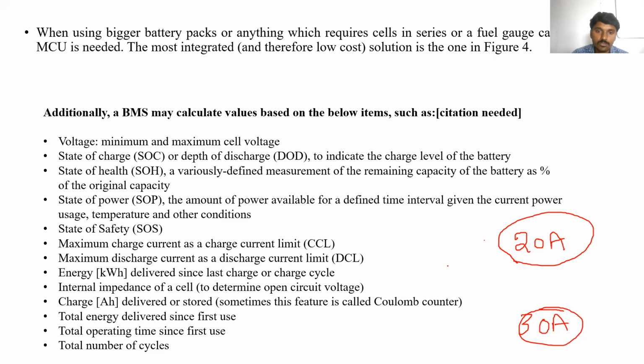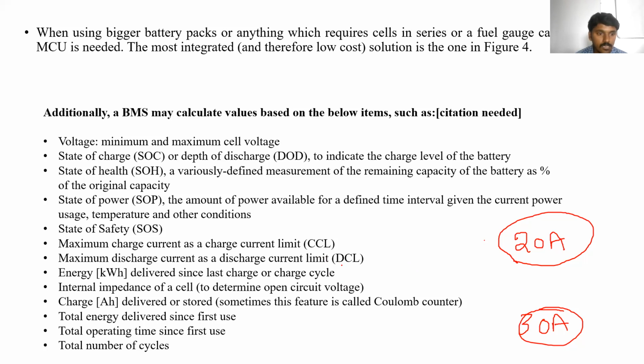That's why whatever discharge current the manufacturer has mentioned, the battery should always be operated below this value. If the discharging current is greater than this value, it is going to be damaged. Clear? So this is also a responsibility of the battery management system.